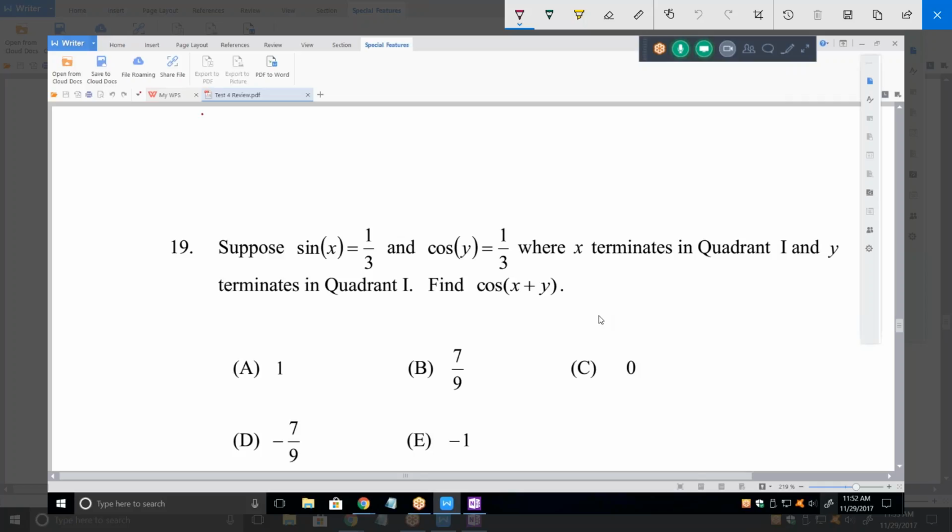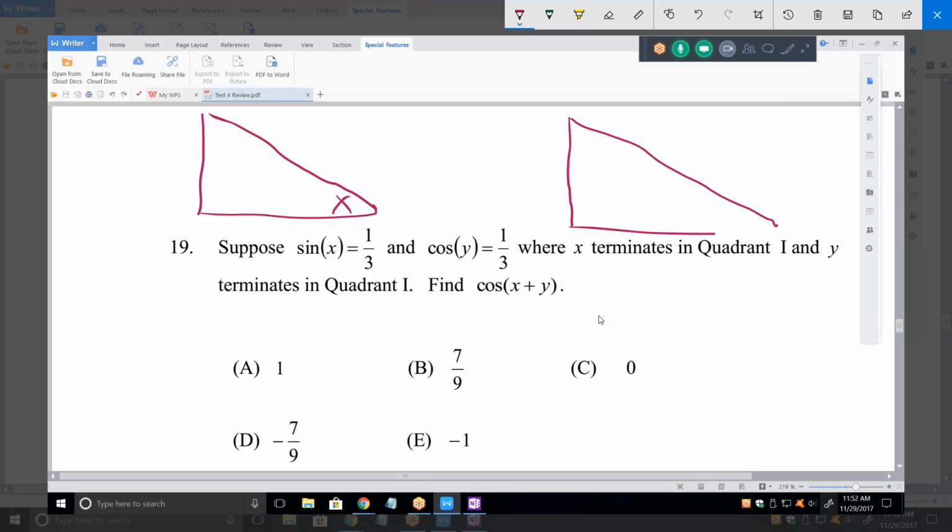In this case, we got two triangles because we got an X angle and we got a Y angle. So whenever they give you two variables, you're going to need two triangles. These are both always right triangles. Whenever the first step is to draw a triangle, it's always a right triangle.